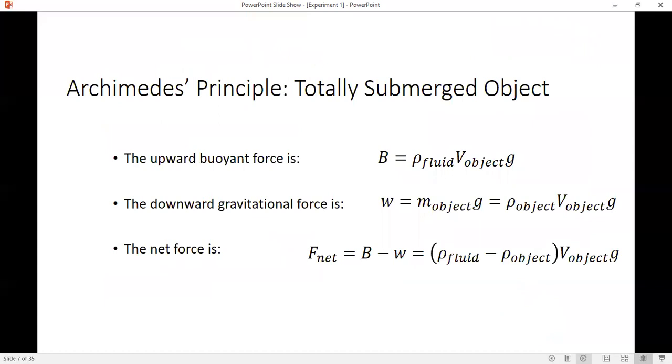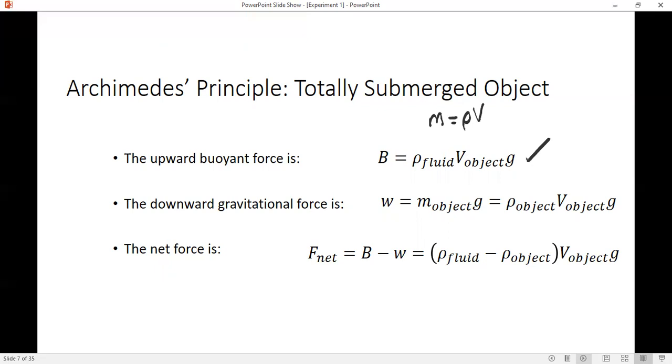So let's put a few different ideas together. For instance, the buoyant force. If we want to talk about the buoyant force, it's going to be equal to the weight of the fluid displaced. Now, we know that mass is equal to density times volume, because density is mass divided by volume.